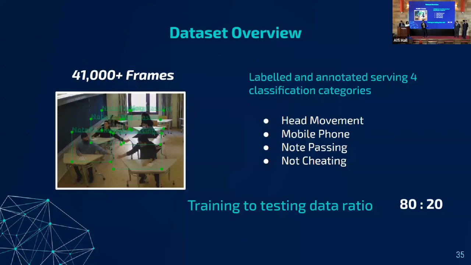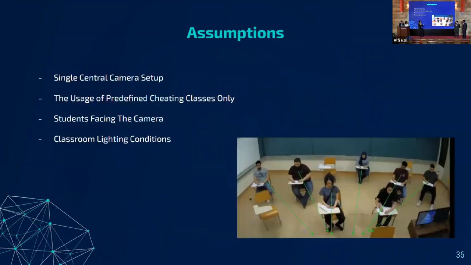These classes were based on the research that we did, where we found out that these were the common cheating methods. We divided our data between 80% training and 20% testing. We also labeled and annotated the data using a library called LibImage.